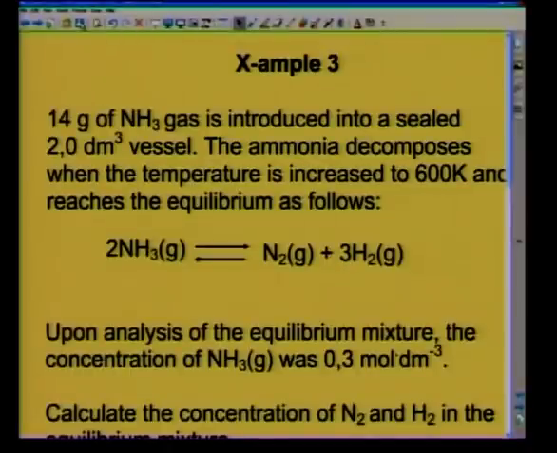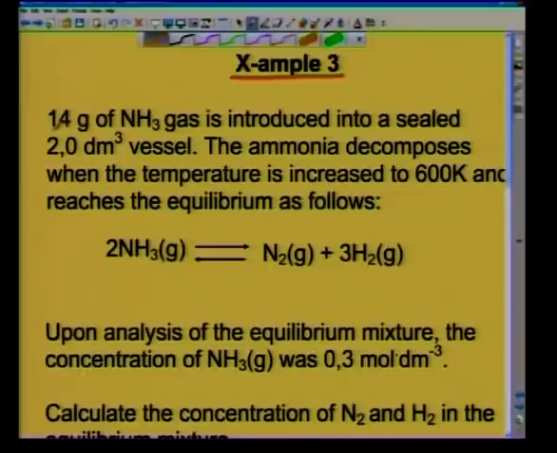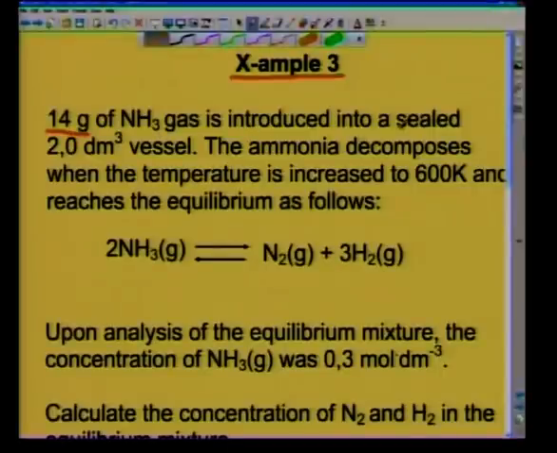Now, example 3, it's one typical exam question. It's something that learners battle with, and I want you to listen very carefully as we go through this one. It says 14 grams of ammonia gas is introduced into a sealed closed container, or sealed vessel.